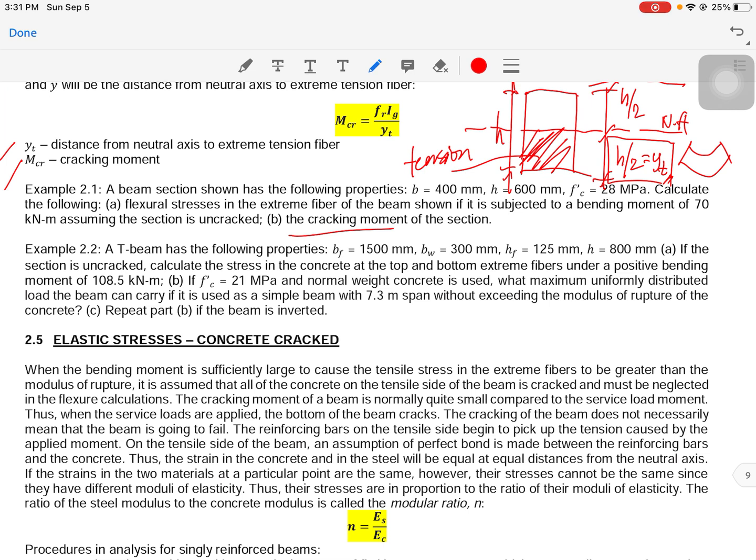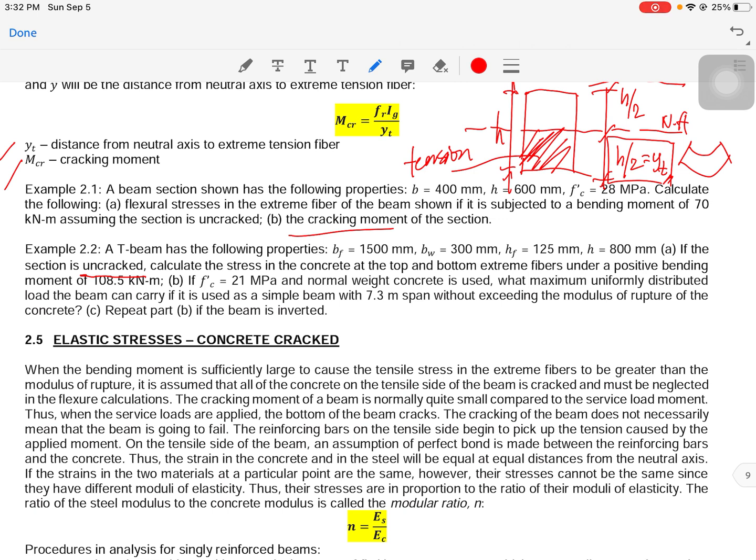If the section is uncracked, calculate the stress in the concrete at the top and bottom fibers under a positive bending moment of 108.5 kilonewton meter. Expect that we'll be getting a cracking moment that is greater than the given moment, due to its condition of being uncracked.